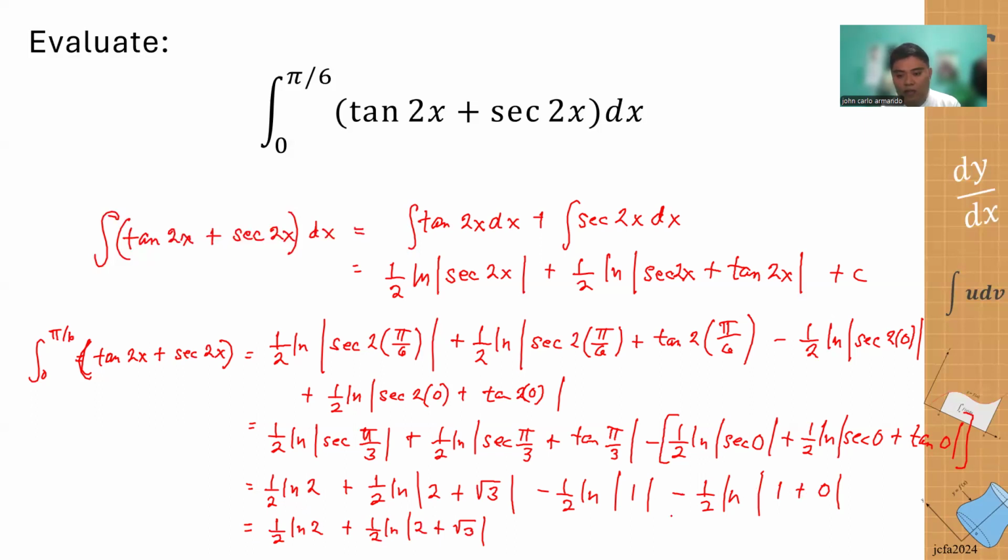So this is cancelled. We now have 1 half ln 2 plus 1 half ln 2 plus square root of 3. We can simply remove the absolute value because this is already positive.